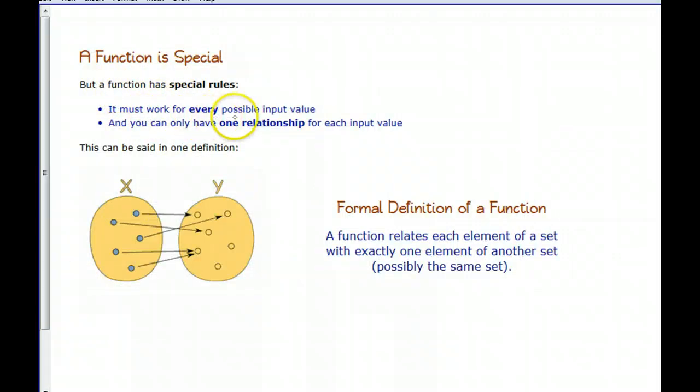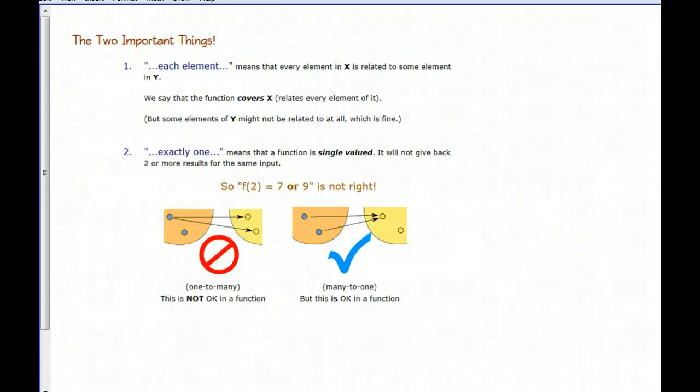It has to work for every possible input value, and each can only have one output for every input. Okay, so remember we did little charts like this sometimes, a mapping. A function relates each element of a set with exactly one element of another set called the output or the range.